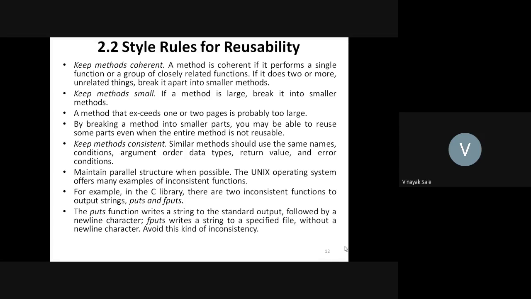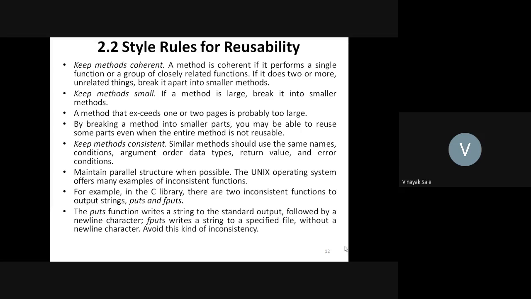Maintain parallel structure when possible. The Unix operating system offers many examples of inconsistent functions. For example, in the C library, there are two inconsistent functions to output a string, puts and fputs.